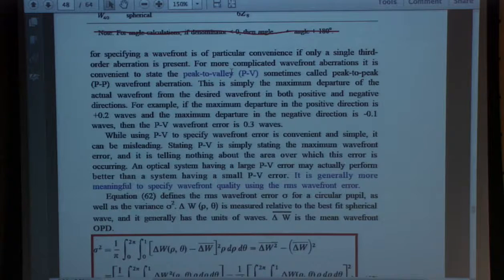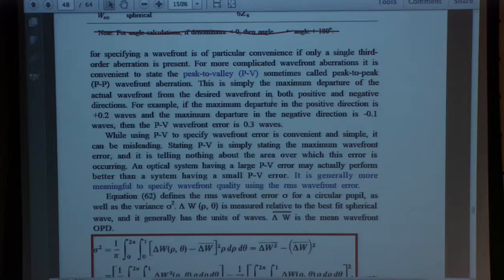People often like to have one number that tells you how good this optical system is. And sometimes that number they use is a peak to valley. So they'll measure the wavefront aberration produced by the optical component of the optical system, and they'll find the maximum departure of the wavefront in, say, the positive direction, and the maximum departure in the negative direction, and then just take these two and find the peak to valley.